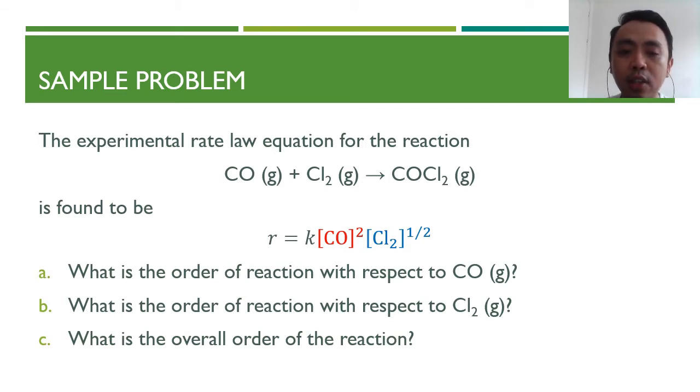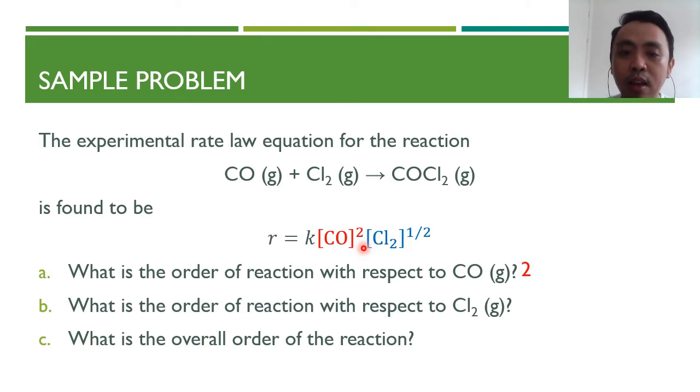To answer these, all we need to do is look at the rate law equation. As we've learned from the previous slide, the order with respect to a given reactant is simply the exponent. So for example, for CO, its exponent here in the rate law equation is 2. Therefore, our answer in letter A is 2.